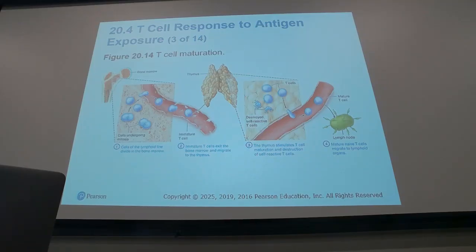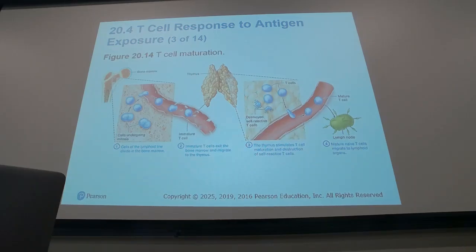So now, what is the response of the T cells, the T lymphocytes, to the exposure of antigens? Well, your cells from the lymphoid line will start dividing, the T cells, and then they will go into the thymus, and then in the thymus, you will start challenging these lymphocytes with these antigens.